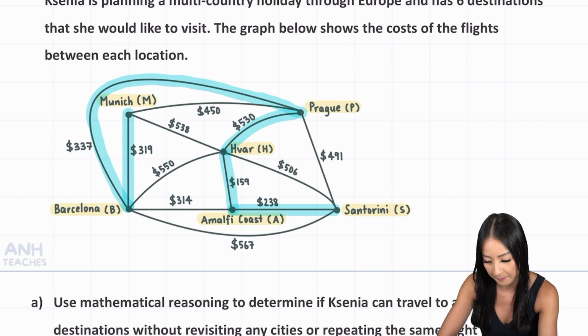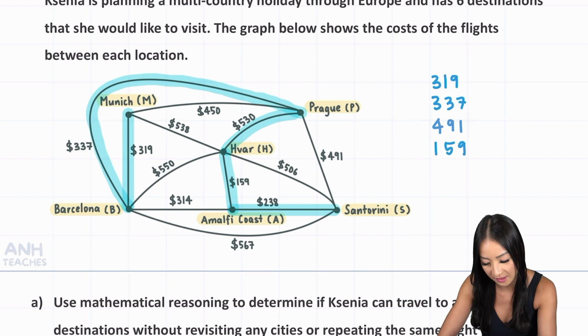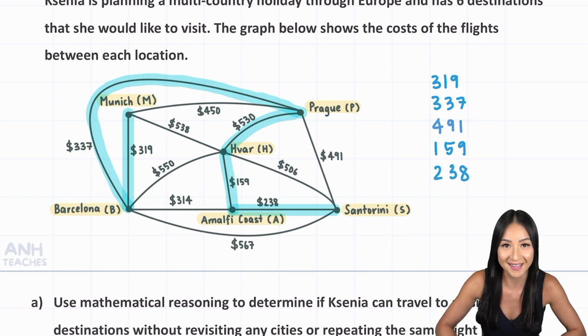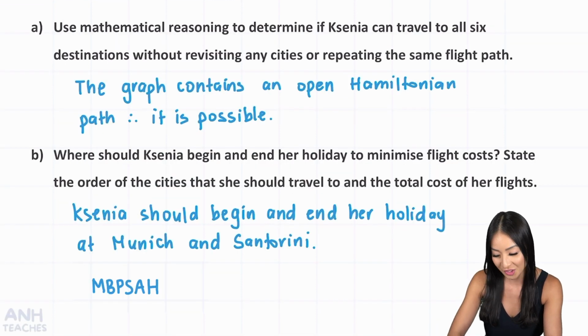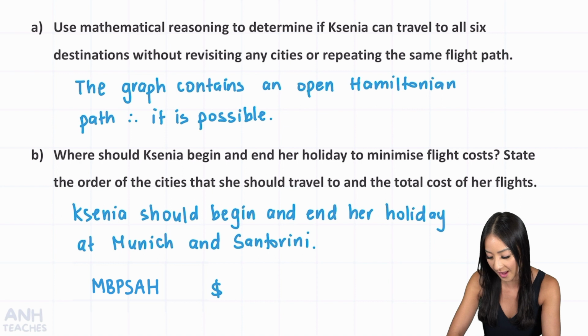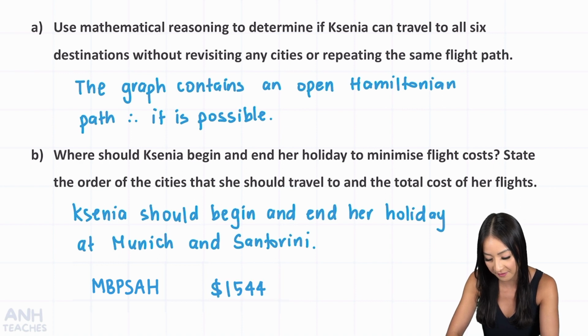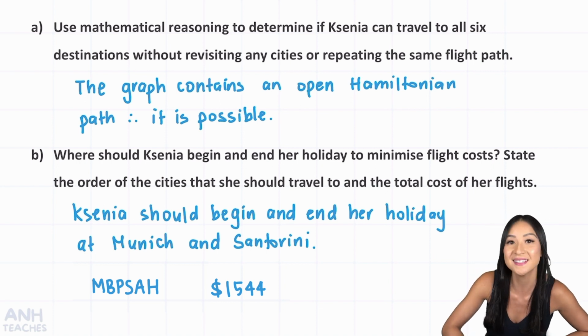So I've got $319, $337, $491, $159, and $238. I'm going to use a calculator and then I'm going to write the total cost. Okay, so the total cost of her flights is going to be $1,544. And that is my question complete.